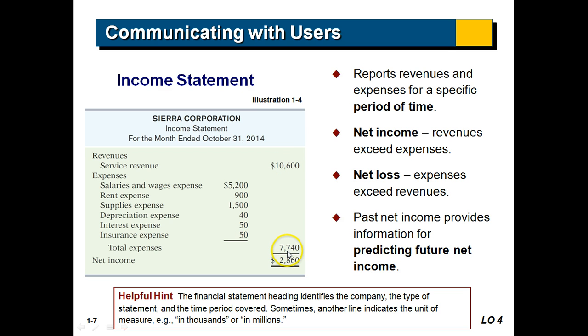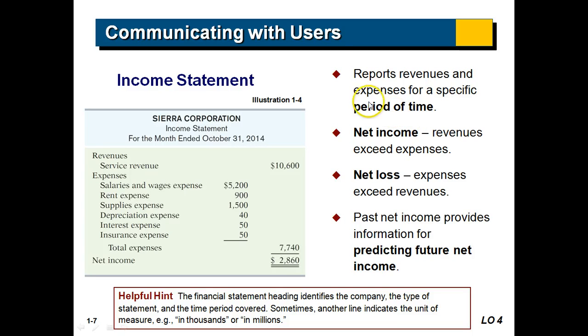So in the far right column, we have our basic income statement formula. Revenues of $10,600 minus expenses, $7,740, equals net income, $2,860. Again, our primary formula for the income statement is revenue minus expense equals net income.